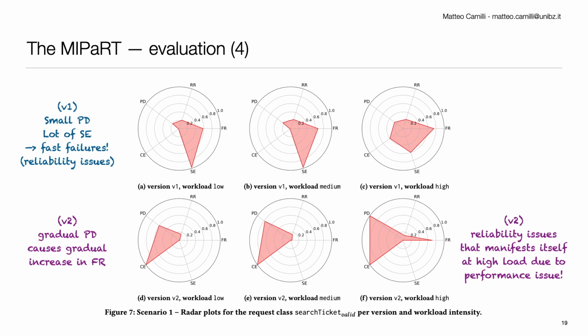In the second version, instead, we don't have these kinds of issues anymore, so they have been fixed. But we can observe here an increasing performance degradation over increasing workload. We don't have any more server errors, but we have a lot of connection errors. We have a performance issue that essentially manifests itself at high workloads as reliability issues.